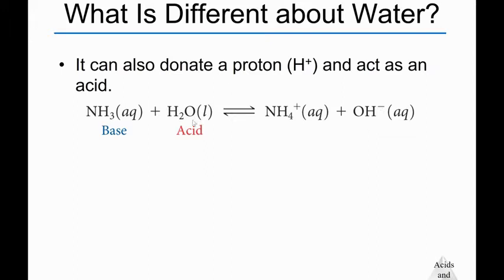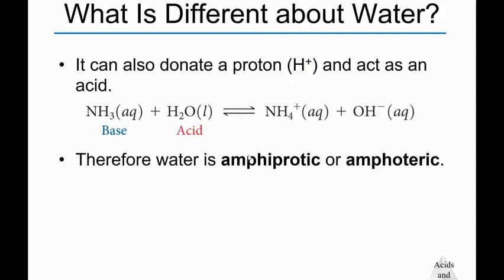So in this case, water is acting as a proton donor, or a Bronsted-Lowry acid. Therefore, water is what we call amphiprotic, or sometimes called amphoteric, depending on the textbook. And that just means it's capable of behaving as both a proton donor and a proton acceptor.